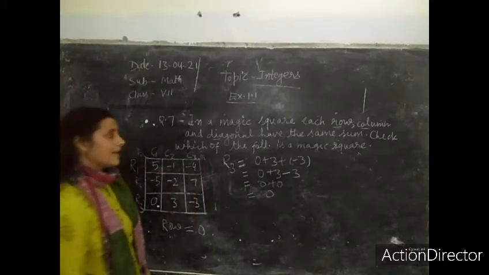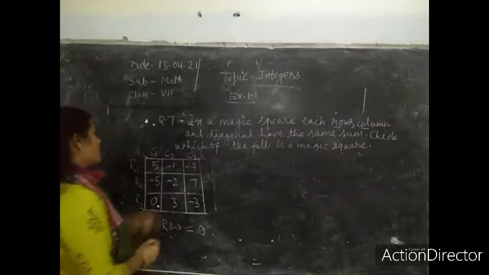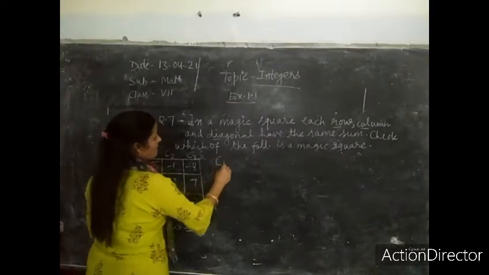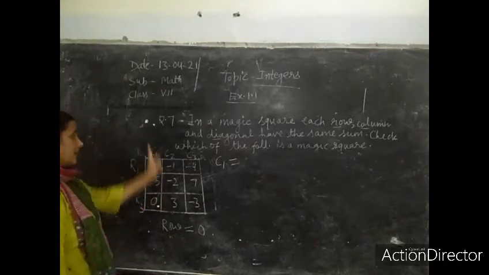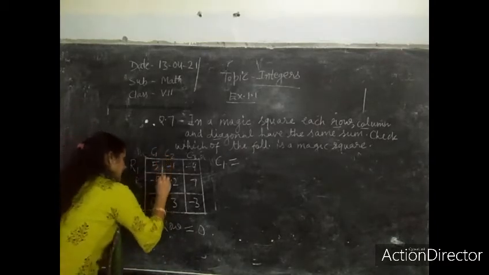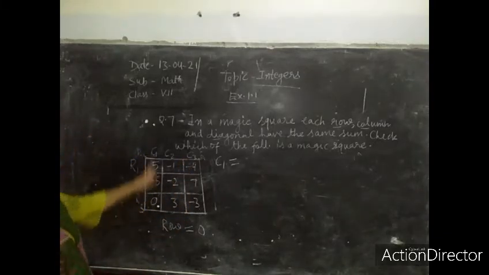Okay? Now come to the columns. First we will go through column number 1, which is C1. As I told you, vertical lines are columns. So these are your columns. We have 5, minus 5 and 0.